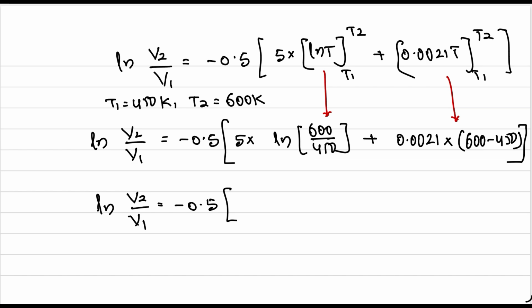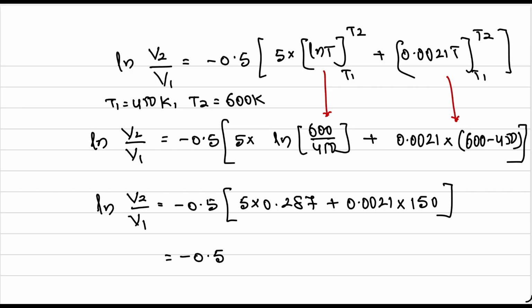You may be given an online calculator from which you can easily find ln 600 by 450, which is 0.287. 5 into 0.287 plus 0.0021 into 150.